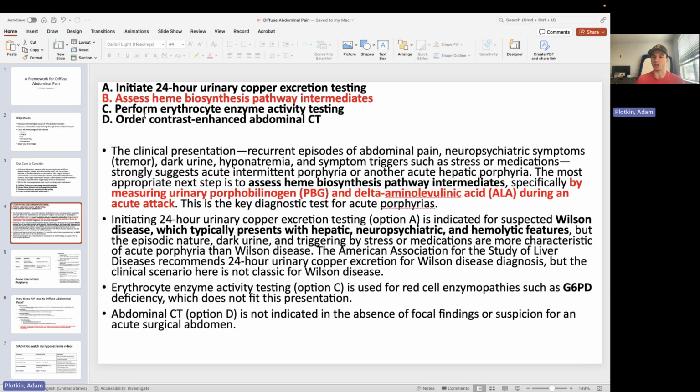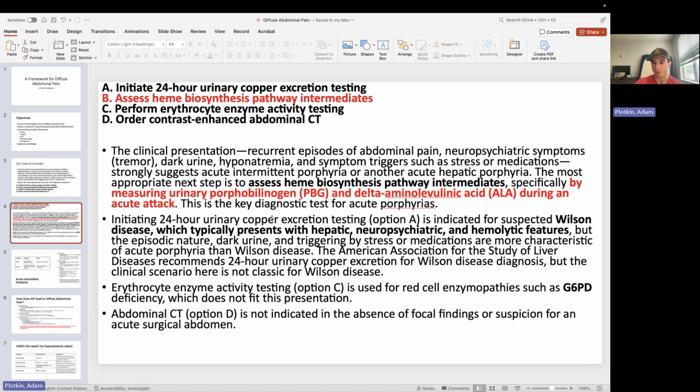So when I see that GI, I see altered personality and these classic episodes of dark urine that are stimulated by stress or new medications, right? Stress could be exercise, it could be fasting, it could be X, Y, or Z. That's really pointing me in the direction of acute intermittent porphyria. The pathophys we'll talk about in a second.